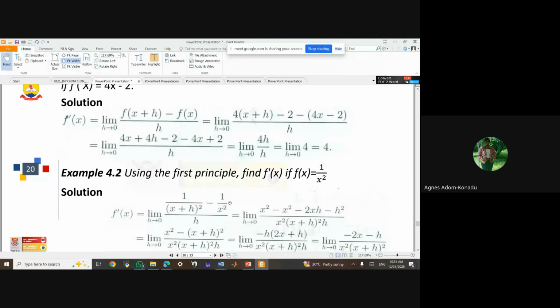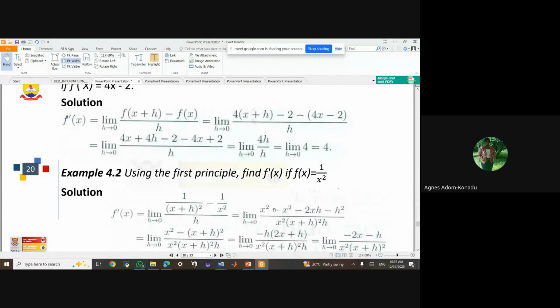So I find the LCM for this, which is x squared into x plus h all squared, then times my h. Okay, so the h we can put somewhere. Then I'll focus on x squared into x plus h all squared. When you simplify, you're going to get x squared. So this will go into this x squared times, and this will go into this one, x plus h all squared.